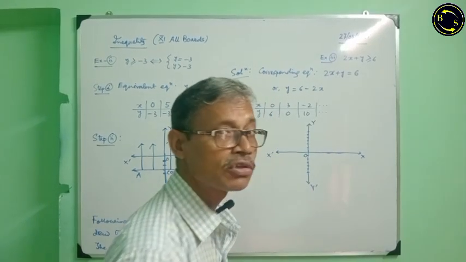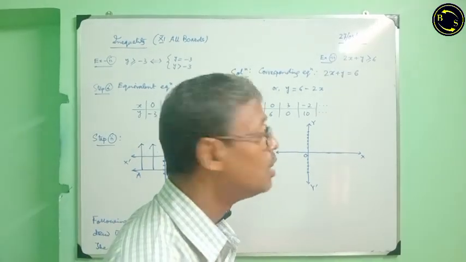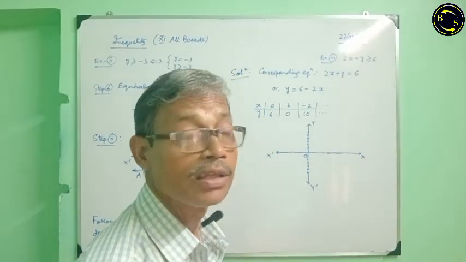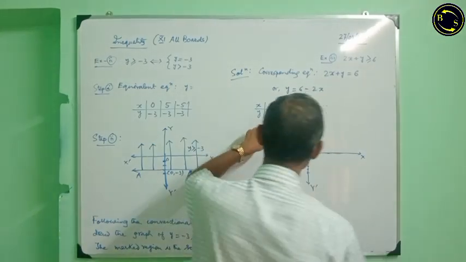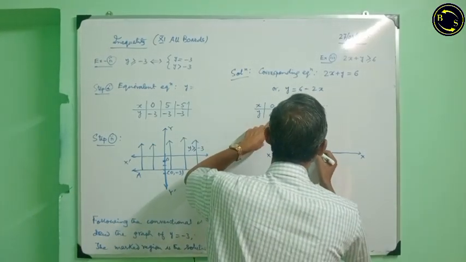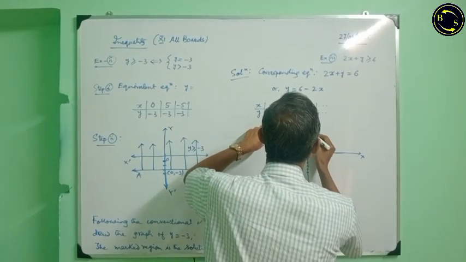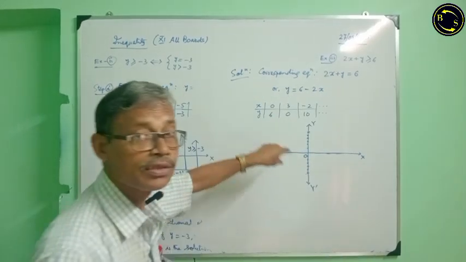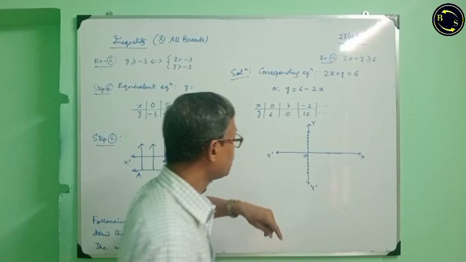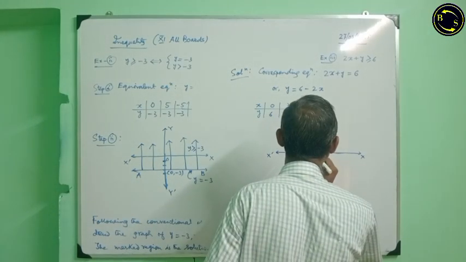If you use your scale, it will be better for marking those points. First 0, 6. This point is representing 0, 6. Then 3, 0.